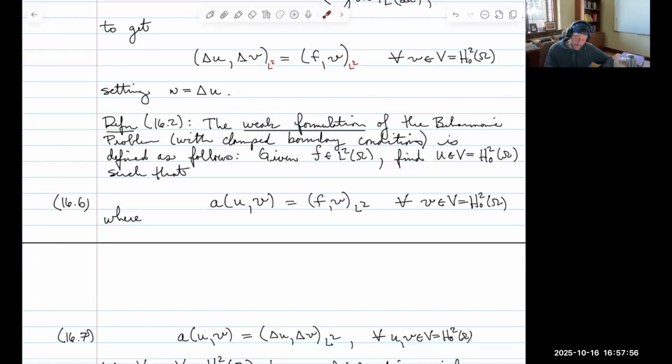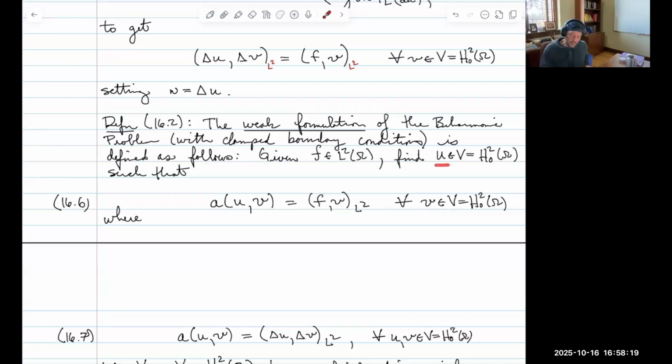So in other words, we're going to make the test function space and the solution space equivalent. And this is the usual thing in the Galerkin finite element method, or the standard weak formulation of an elliptic boundary value problem. We make the solution space equal to the test function space.